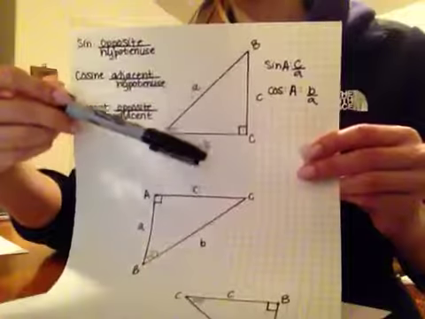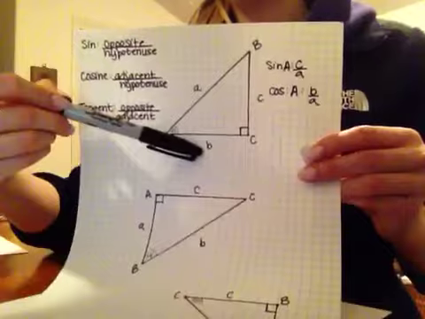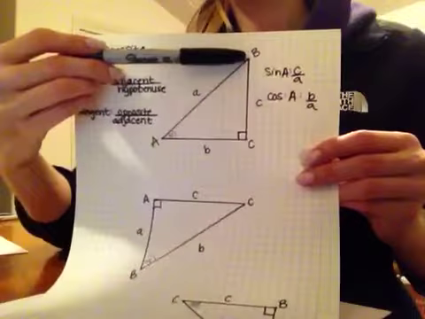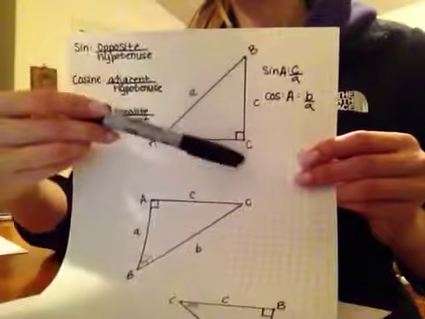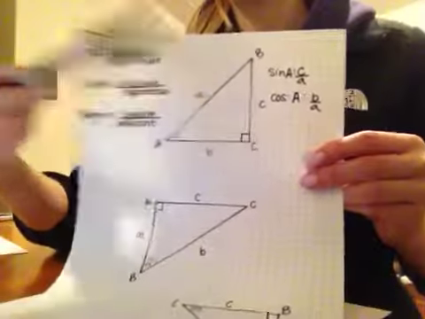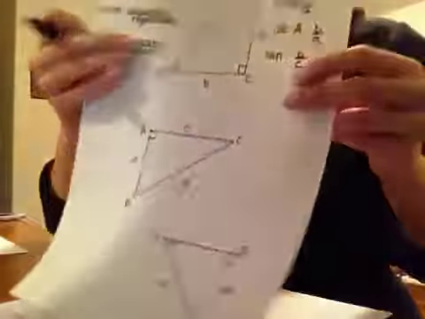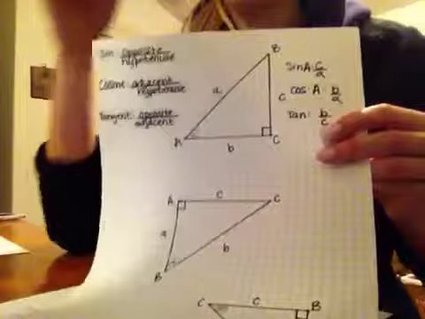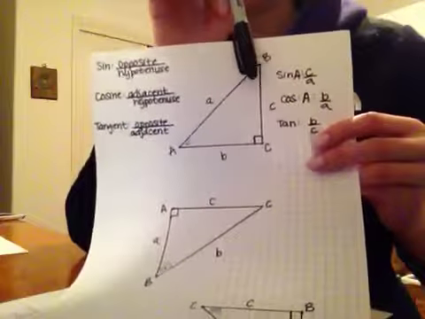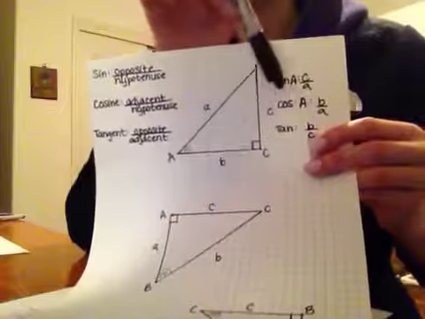Opposite of big B would be the side little b. And then the adjacent to this angle B would be what's right next to it, so it would be C. So the tangent of B would be little b over C. Right? Because we have the opposite b over adjacent, which is C.